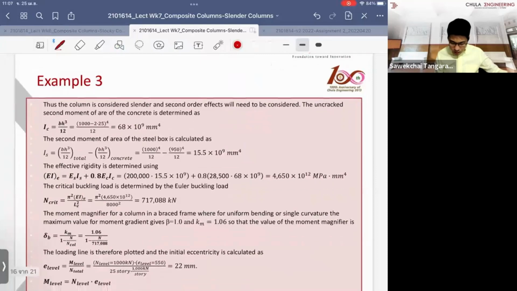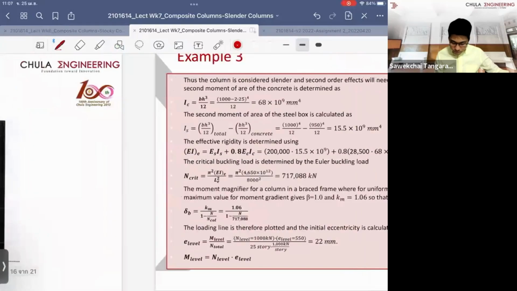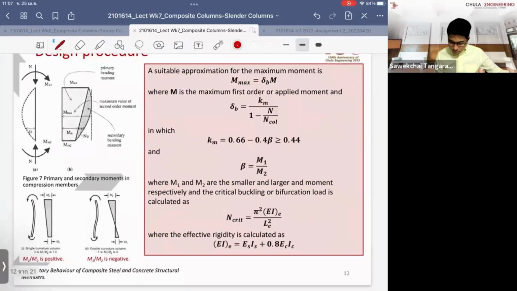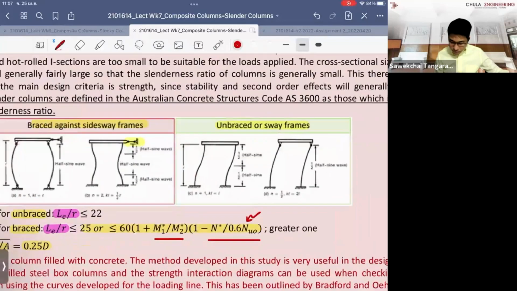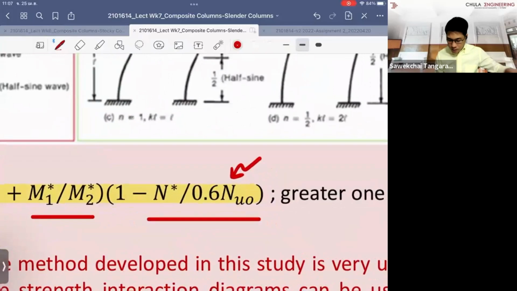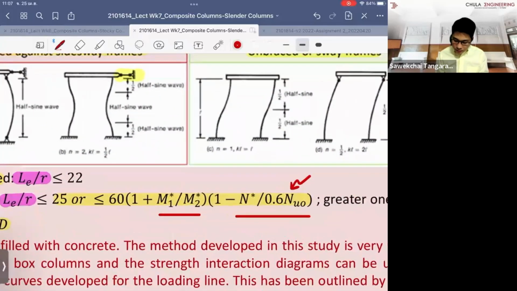Just hold on for a second. I think by definition, the N_u0 is the squash load capacity, right? But let me check it.